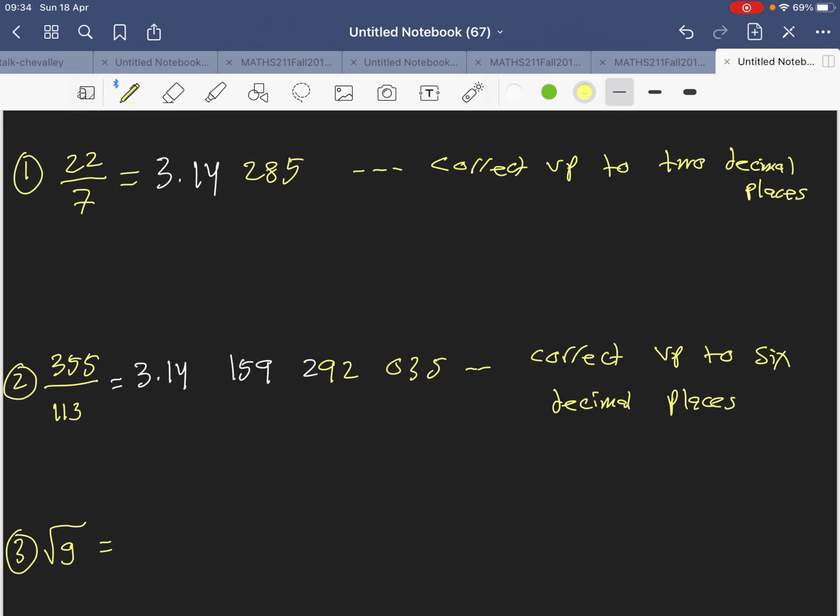And if you look at the square root of the gravity, it is of course the square root of 9.8, which is about 3.13 something. Now this is fine, this is correct up to 1 decimal place.